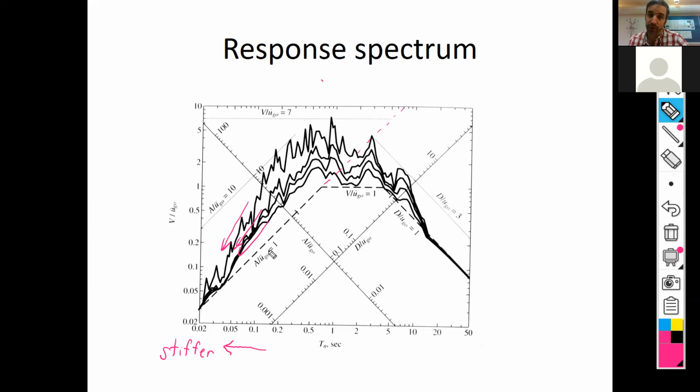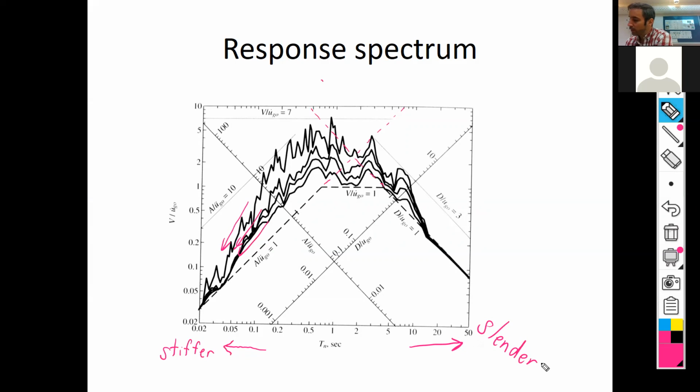So for very stiff structures, the acceleration of the structure tends to go towards the acceleration of the ground, while the opposite is true of very slender structures. Okay. As the period gets larger and larger, that means that our structures are getting more and more slender.